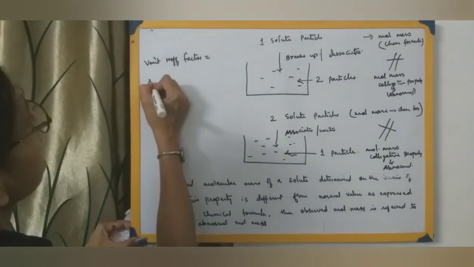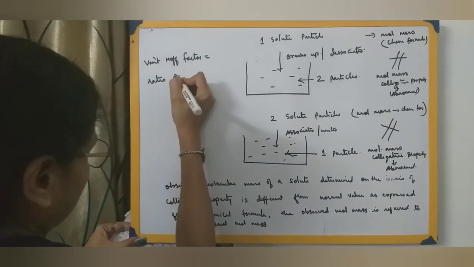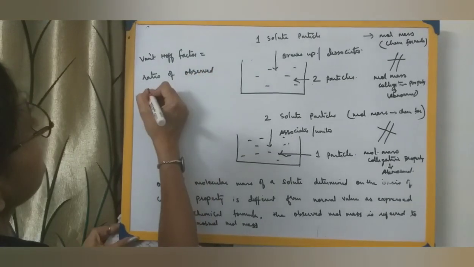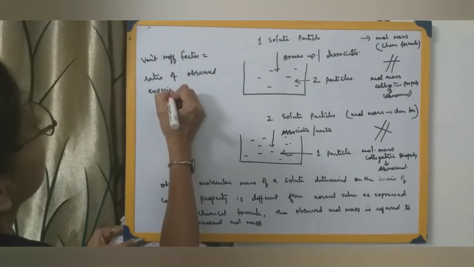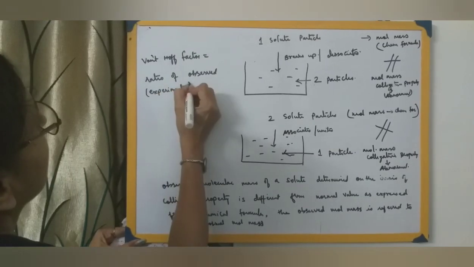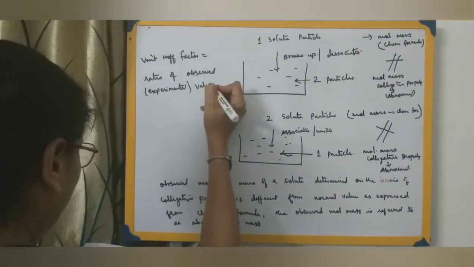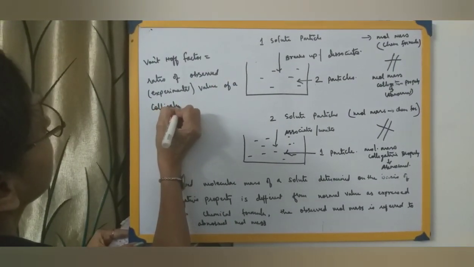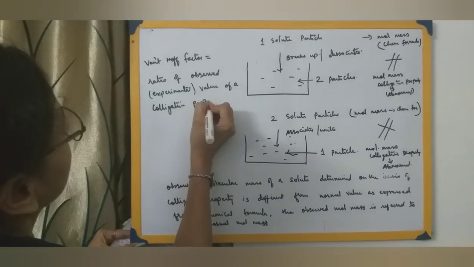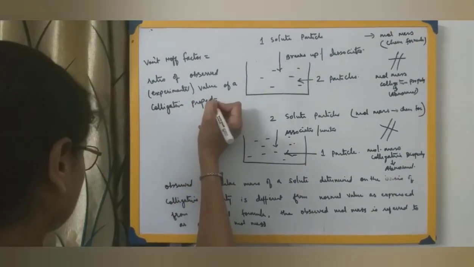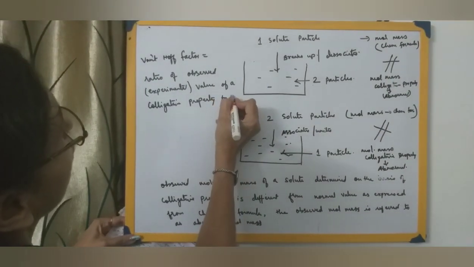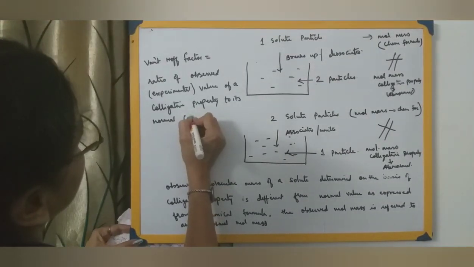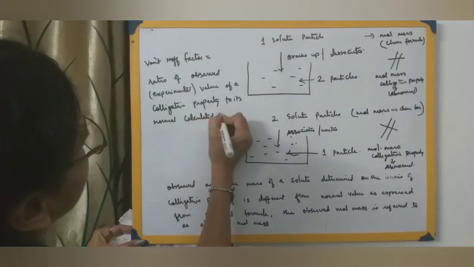The Van't Hoff factor i is equal to the ratio of the observed experimental value of a colligative property to its normal calculated value.